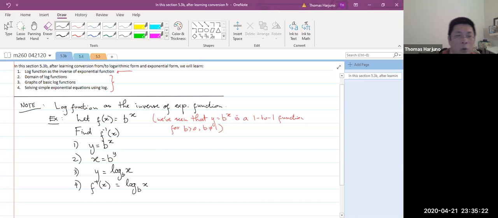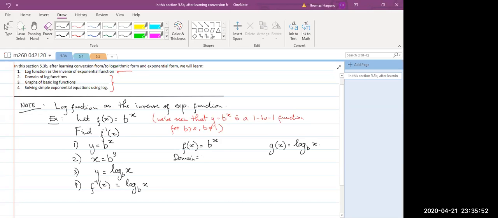Now, one of the big consequences is the following. If we compare f(x) equals b to the x, and the inverse, let me call that g(x) equals log base b of x, then we remember from last time the domain of the exponential function is all real numbers.